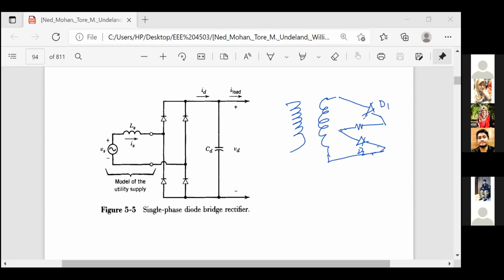And then the current is going this way. Therefore, when the voltage changes, this is your D3, the diode will conduct and the current will go there and it should come back here. So this figure is very much familiar to you, right?